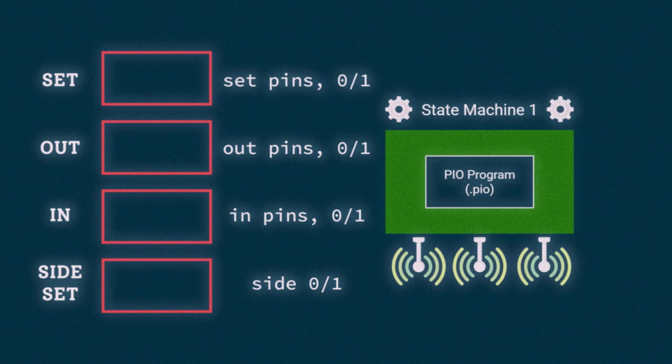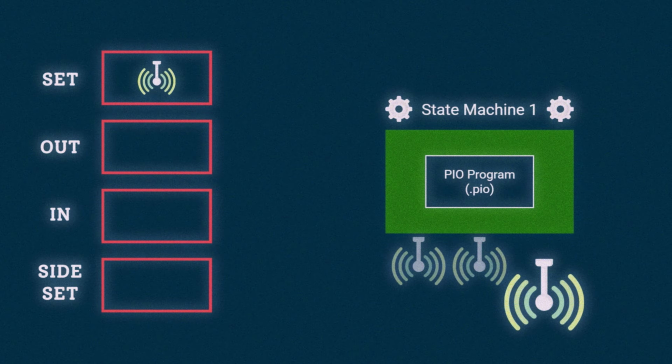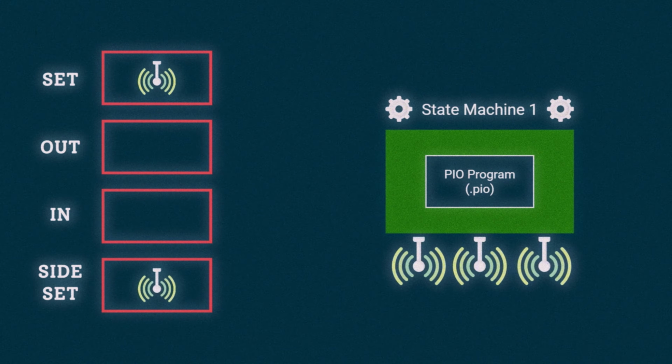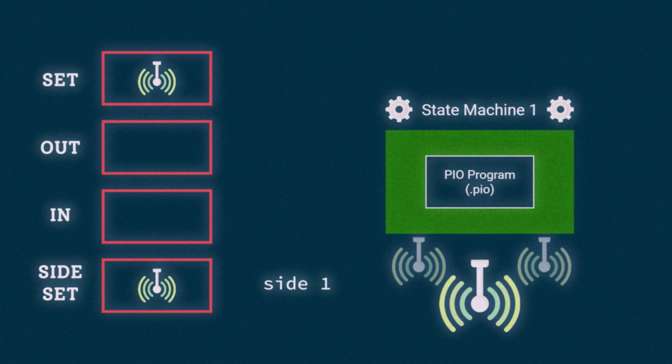So let's say that our pin number 3 is put into the set group. Then the PIO instruction set pins 1 will set the output of pin number 3 to be high. Or let's say we put pin number 2 into the side set group. Then every time we run a side set command, it will automatically set pin number 2 without us having to reference the pin number every time.